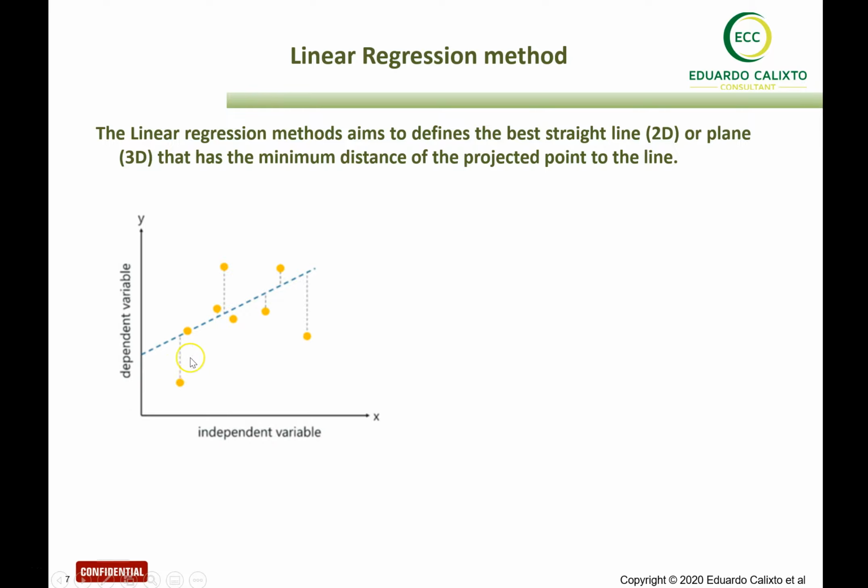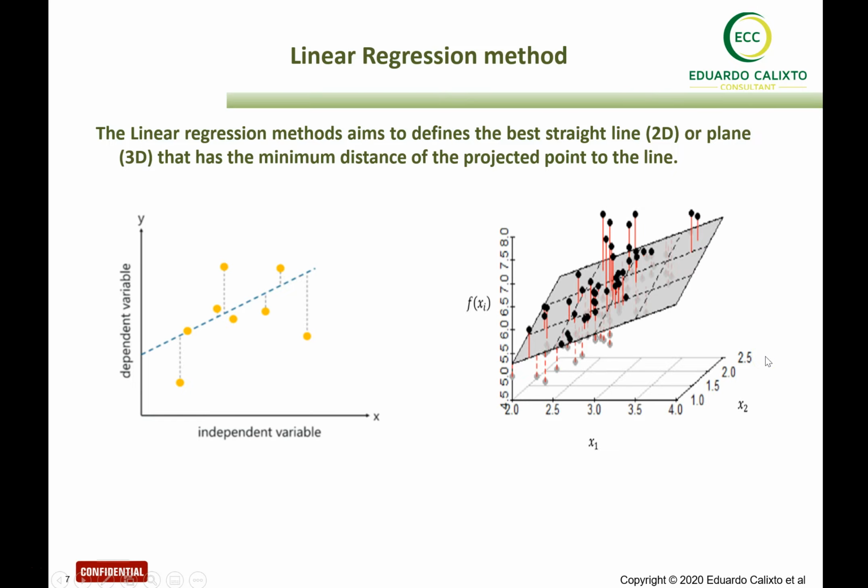Therefore, we're looking for a line that has the minimum distance considering the projected points on this line. If we have three variables, we will have a plane. The concept is the same. The sum of the squares of the distances of the projected points to the plane needs to be the minimum.